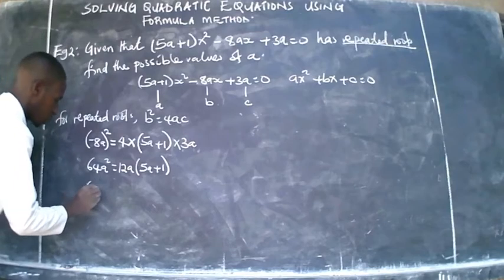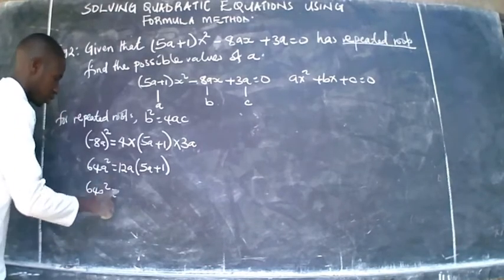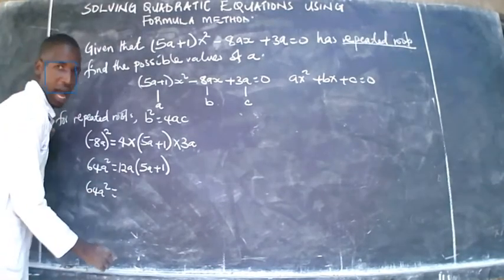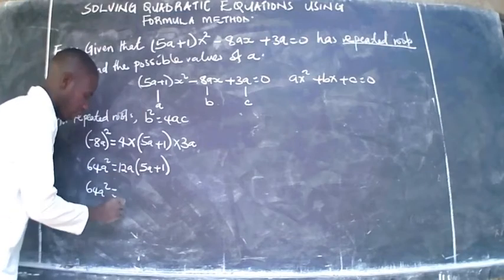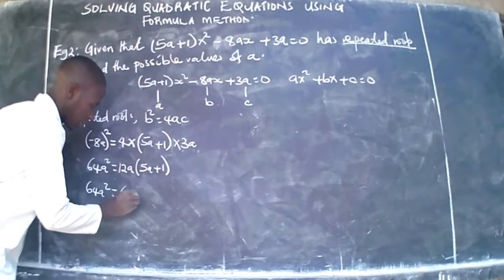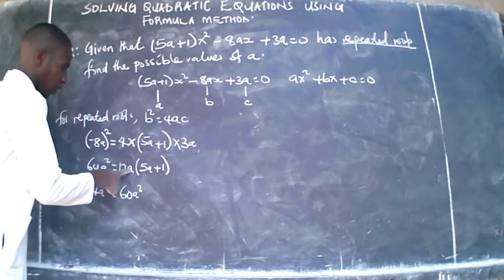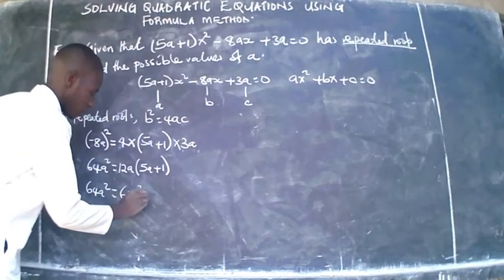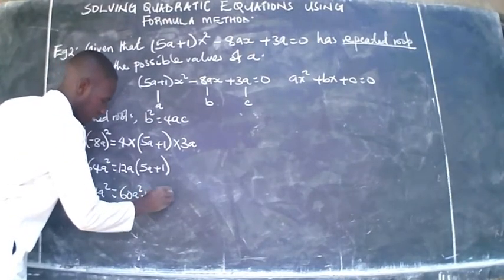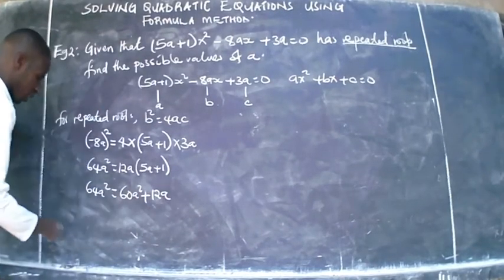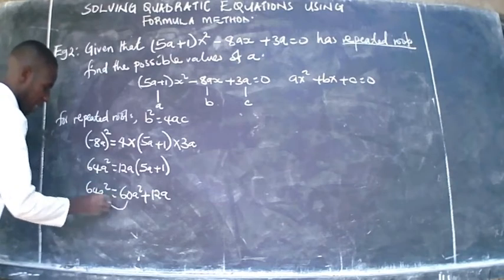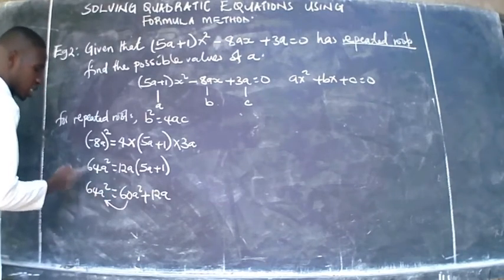So we shall have 64a squared equal to, now we can open the bracket, 12a times 5a, that is 60a squared. Then 12a times 1, we shall have plus 12a. We bring everything this side. When it crosses this side, it will be a minus.